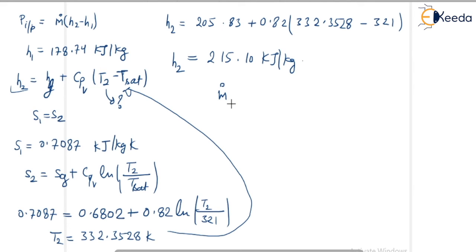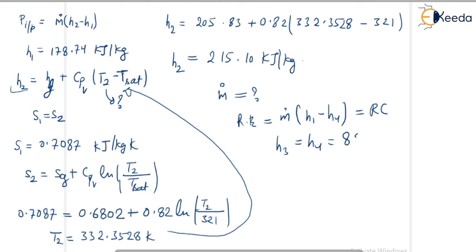So what is the value of mass flow rate? Again my dear friends, the RE effect is nothing but mass flow rate in bracket H1 minus H4. This is also called refrigeration capacity, where H3 is equal to H4, and this value is 82.83 kilojoule per kg.